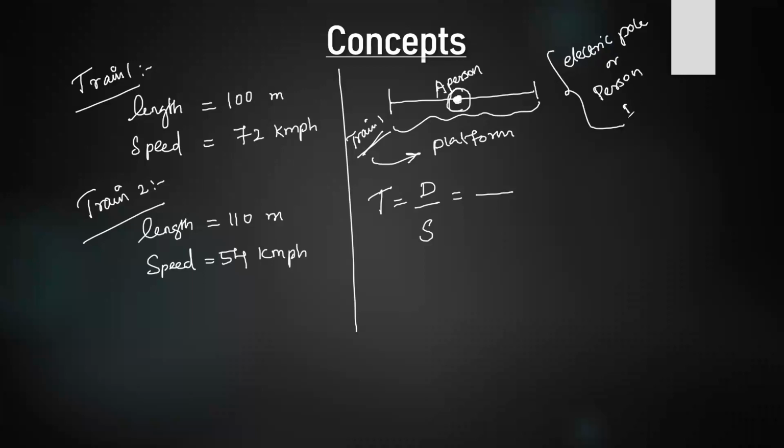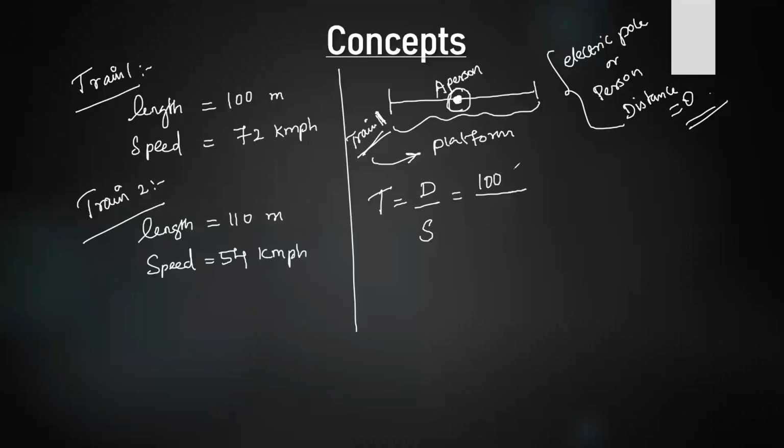The question is time. The time equals distance by speed. Listen carefully. For a person or an electric pole, the distance is 0.